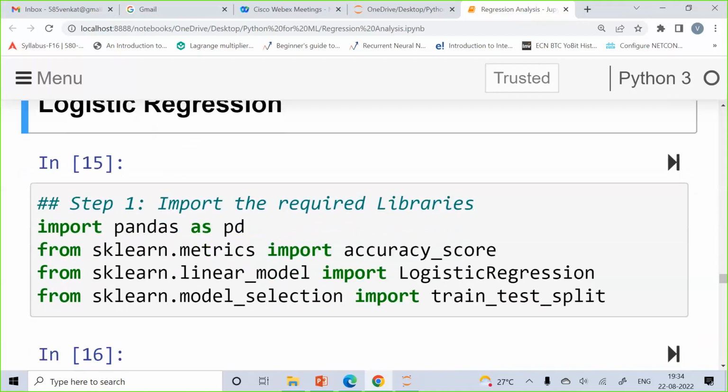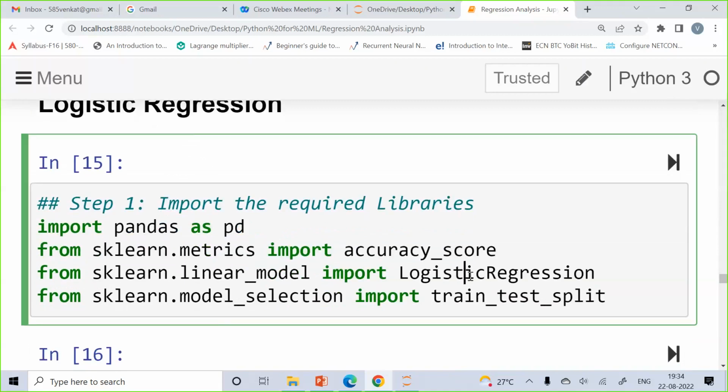Great. Step 1, import all the required libraries. Here we are importing the logistic regression model, and the evaluation metric is accuracy score. Pandas to read the data set, and train test split to divide the data set into training and testing.